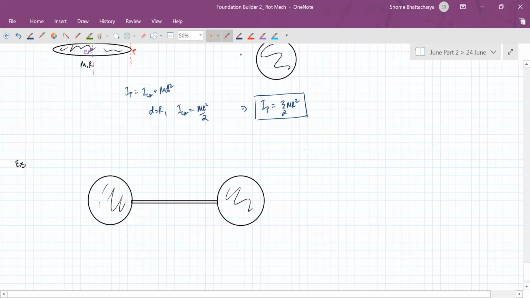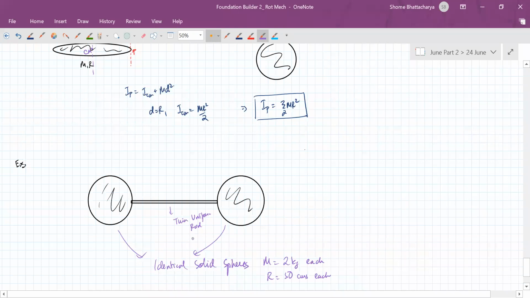So these are identical solid spheres of mass 2 kg each and radius equal to 50 centimeters each. And joining them is a thin uniform rod.